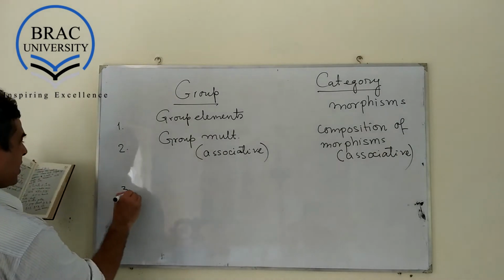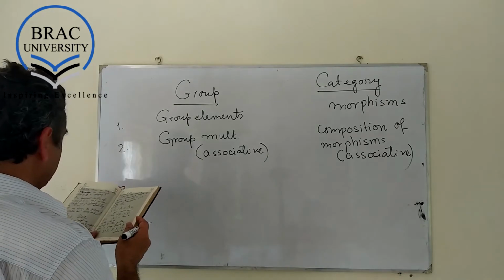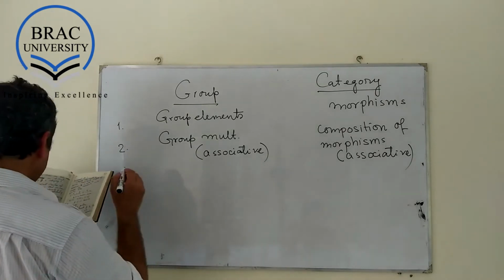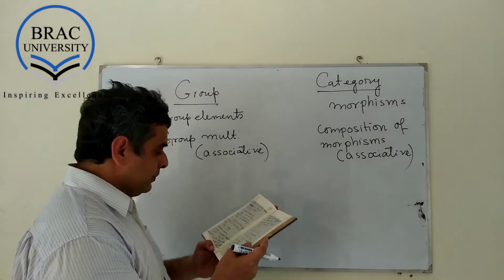The third similarity between group and category is that of a neutral element and the identity morphism in the category.